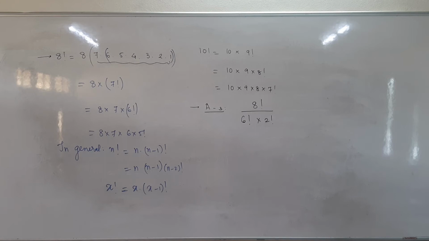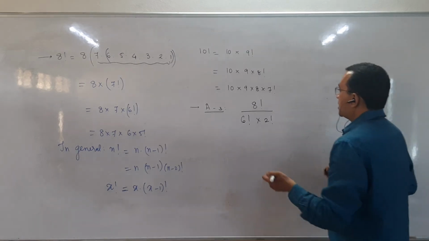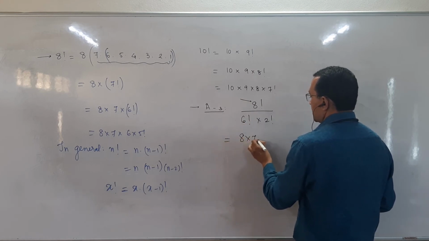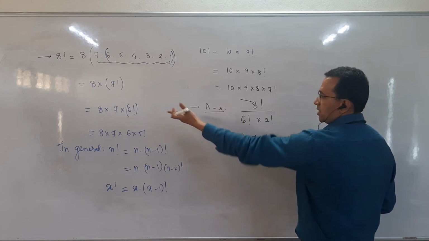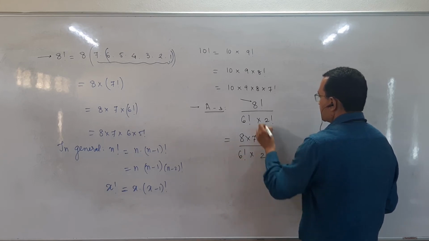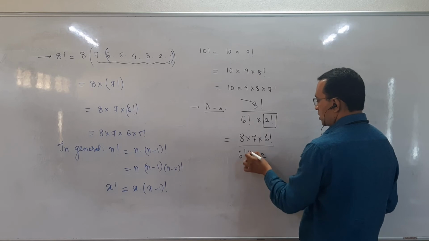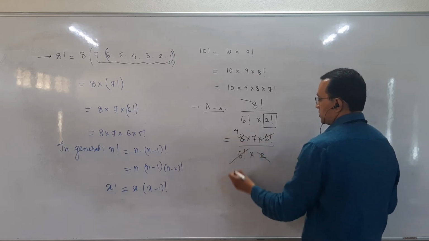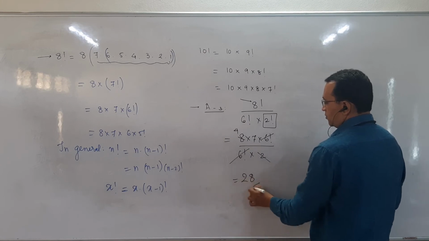Reduce 8 up to 6. So, I can write 8 into 7 into 6 factorial, keeping 6 factorial intact, and 2 factorial is 2. Now, similar factorial terms cancel, 2 ones are 2, 2 fours are 8. So, the answer is 7 fours are 28.